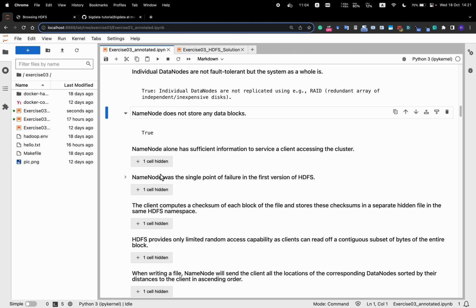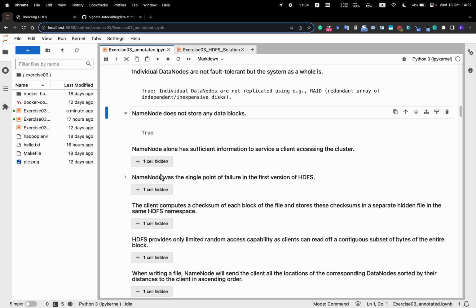It's a bit vague, right? What does it mean to service a client? For example, a client wants to know if this file exists in the cluster, or the client wants to write a file. If you want to know if it exists, the name node can help you with that, but to read or write the file, you would have to access the data nodes. Right, so the actual data operation, the I/O operation, would have to go through the data nodes.